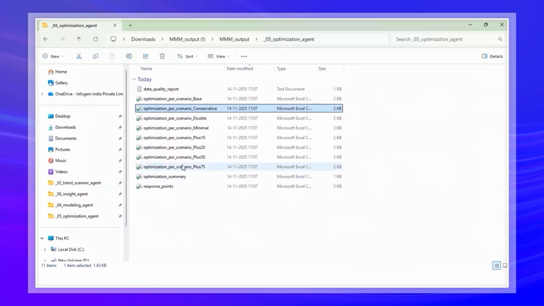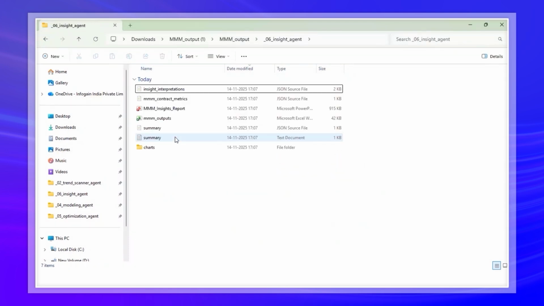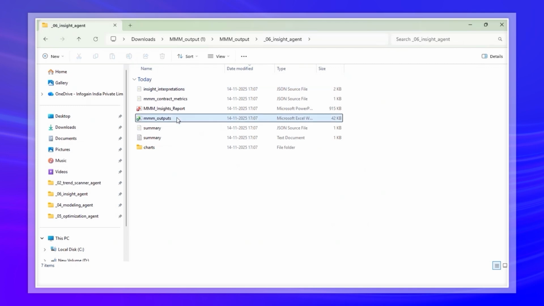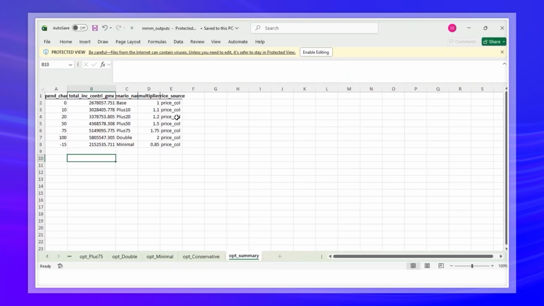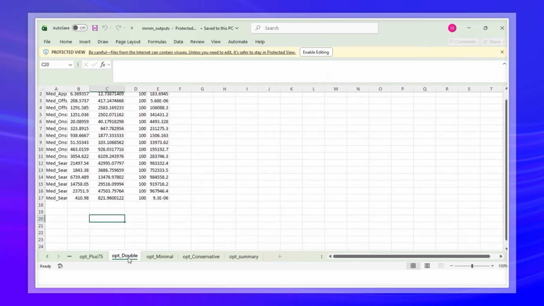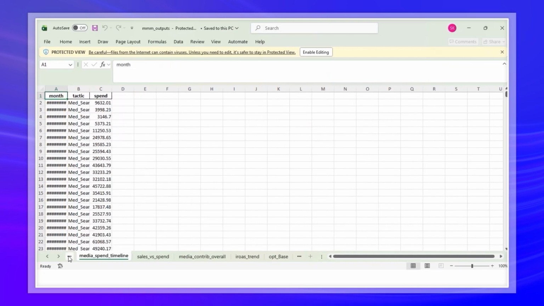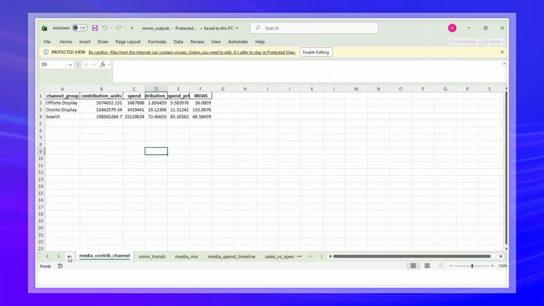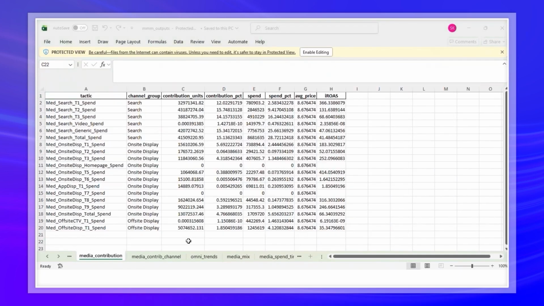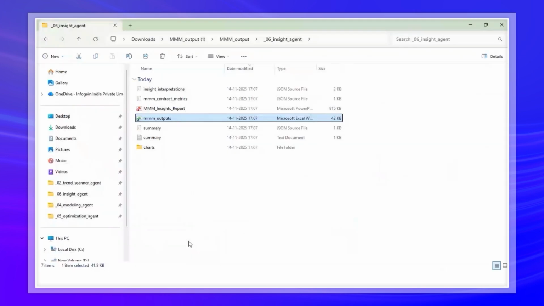And then we have the insight agent, where we are documenting everything that we have performed. We are generating certain Excel files here to give the numbers of what we have performed exactly. And then there is one deck that gives us the idea of what the modeling results were.